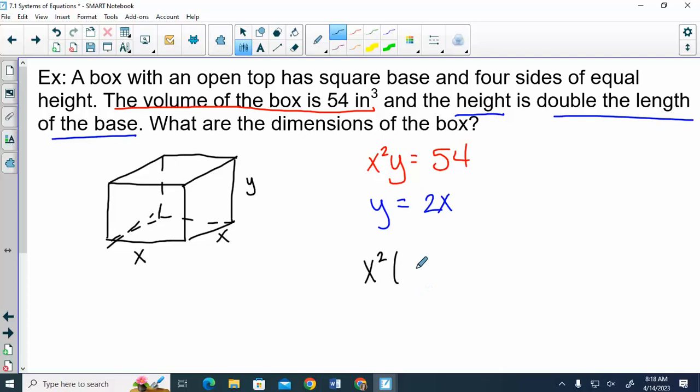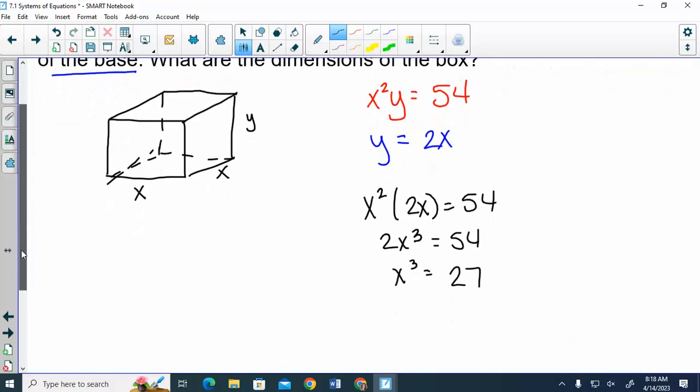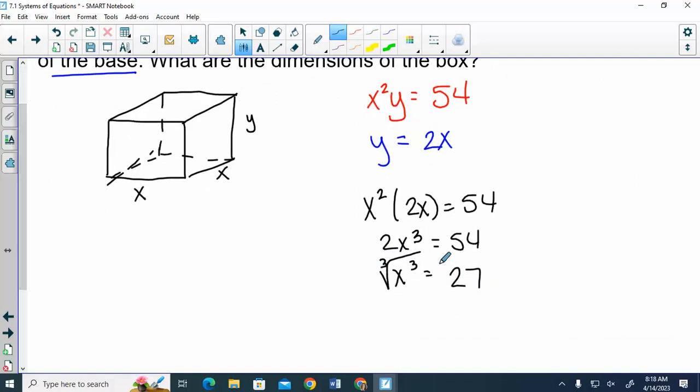So I can go to my first equation and replace my y with 2x. So we get that x is 3. So y is 2x, so 2 times 3, so y equals 6.